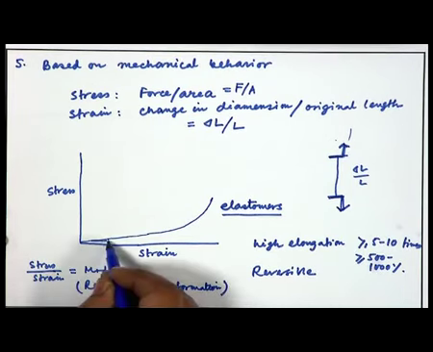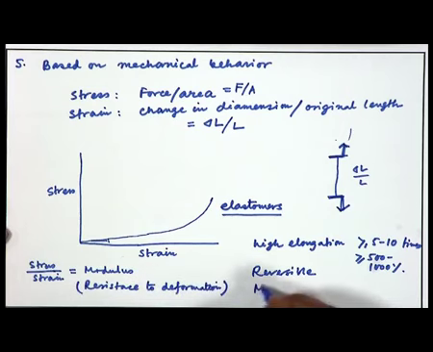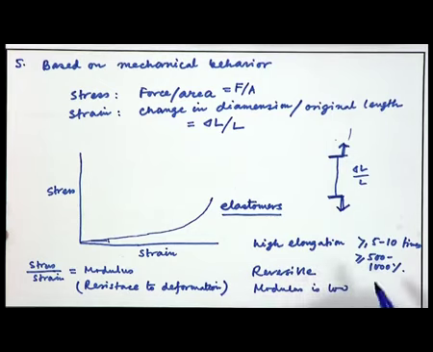In this case you can imagine the modulus is very low. So, that is what we call elastomers, where you have high elongation, reversible, and the modulus is low, or the resistance to deformation is low.